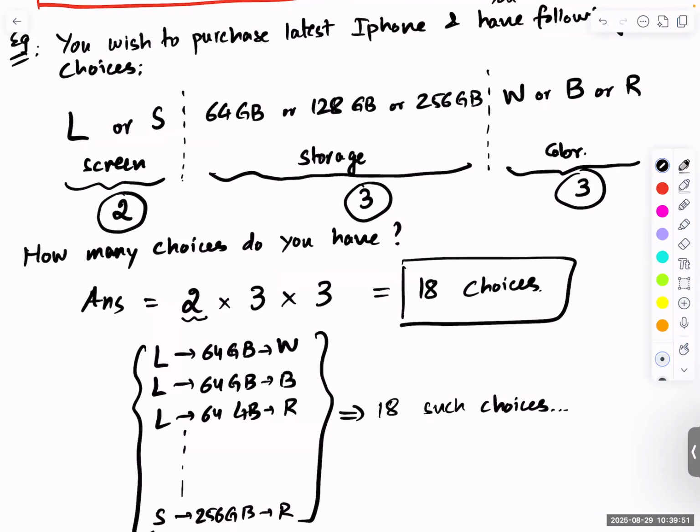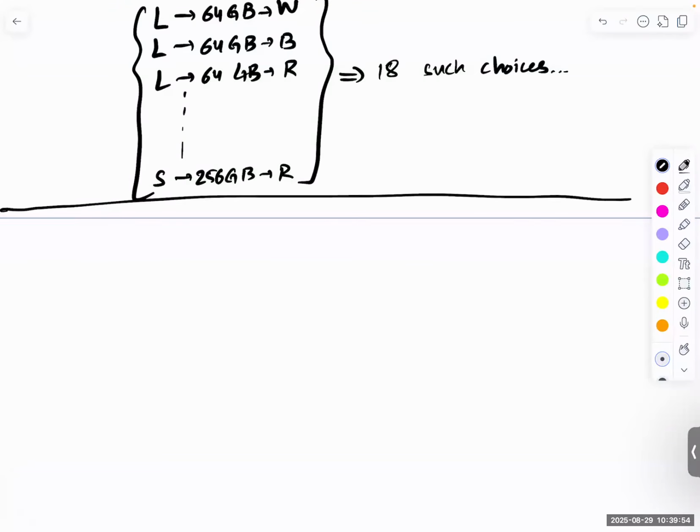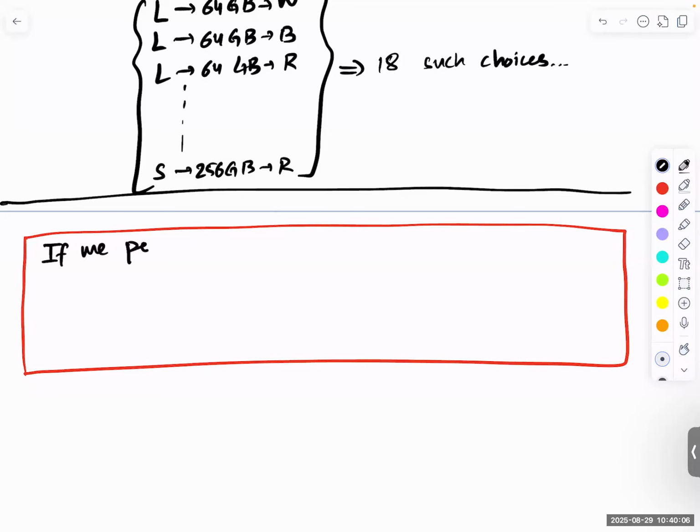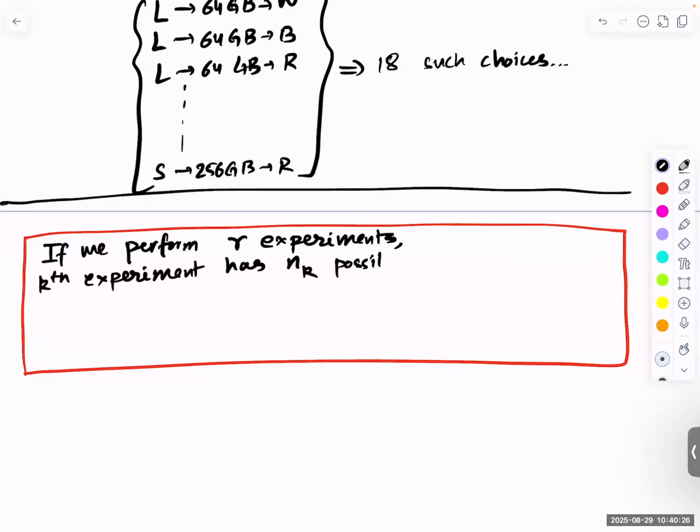Okay, so let's write down the more general statement. Let's write this in a box. Say we perform r experiments, such that the kth experiment has n sub k possible outcomes, where k goes from 1, 2, all the way till r.